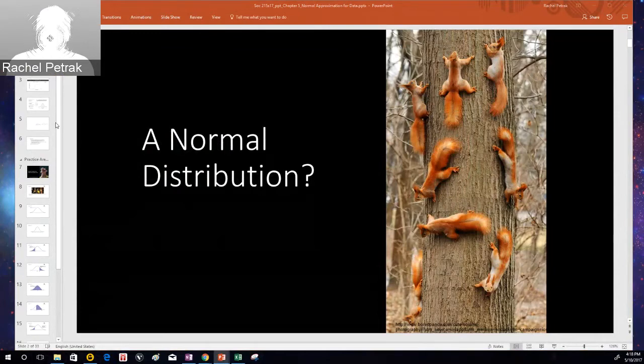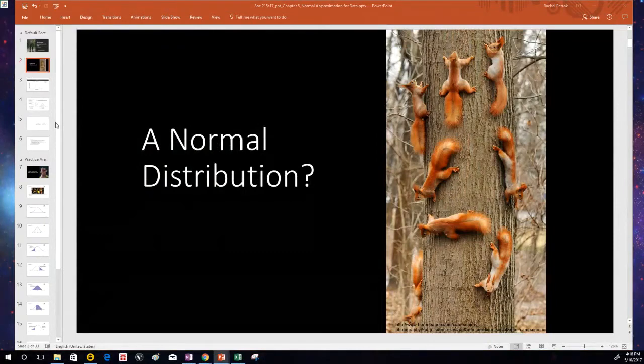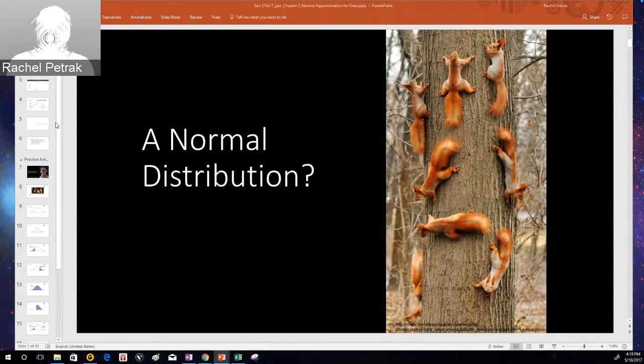Things that are theoretical rely on mathematics to underlie their form and content, whereas something that's empirical uses actual collected data. So something theoretical is based on a mathematical ideal, whereas empirical things, and we will apply the normal distribution in a lot of empirical scenarios, are derived from actual data.